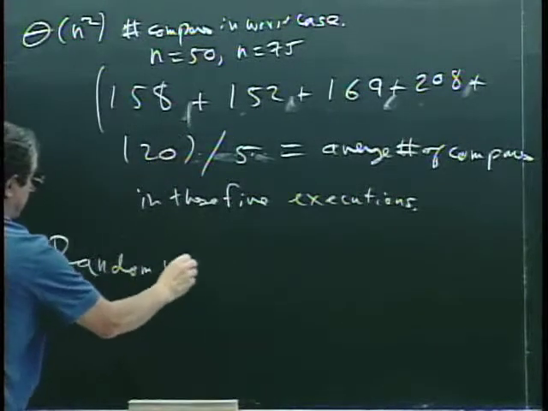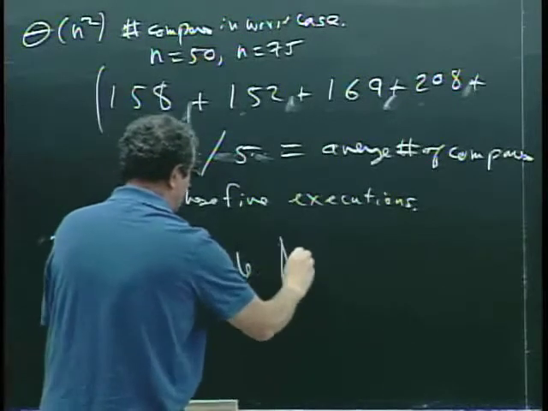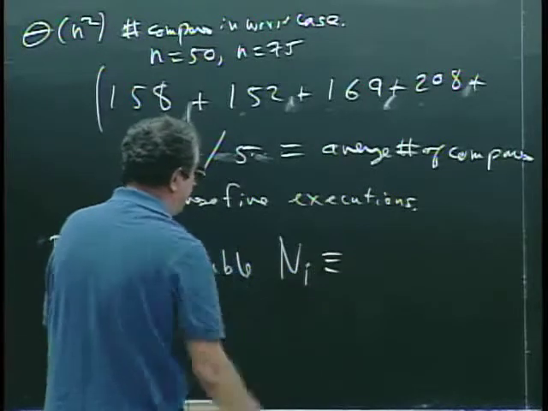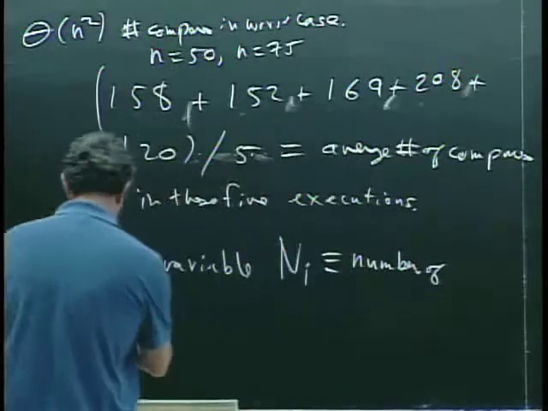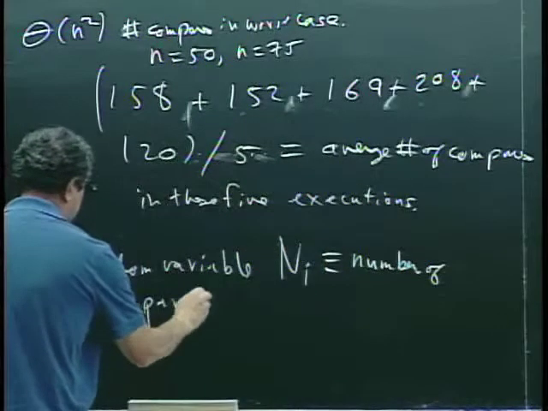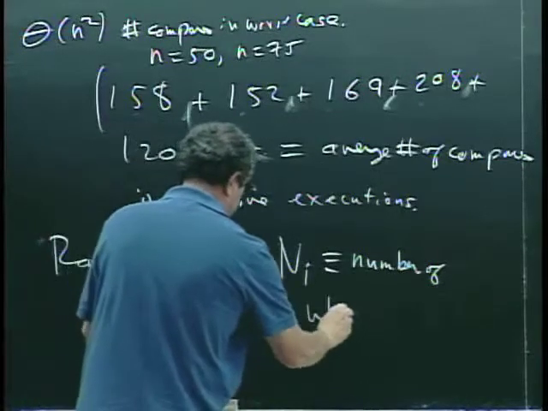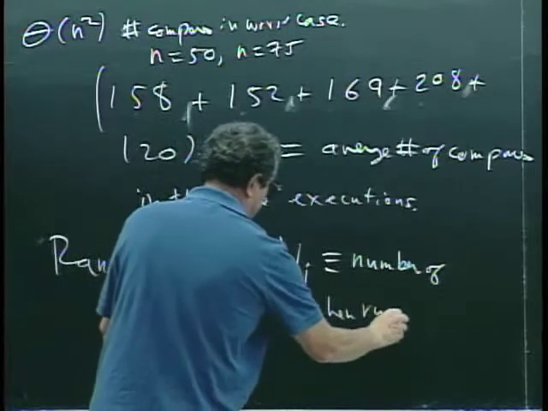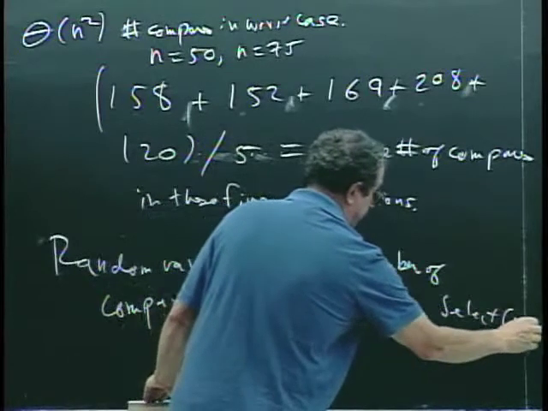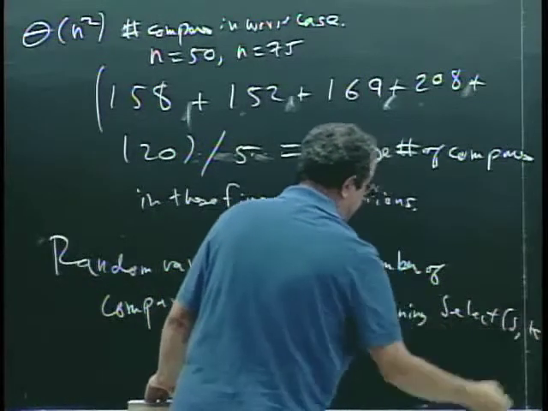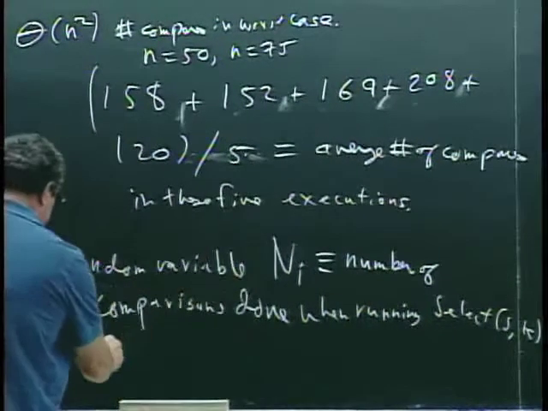A random variable, call it Ni, is going to be defined as the number of comparisons done when running select sk repeatedly on some particular input.